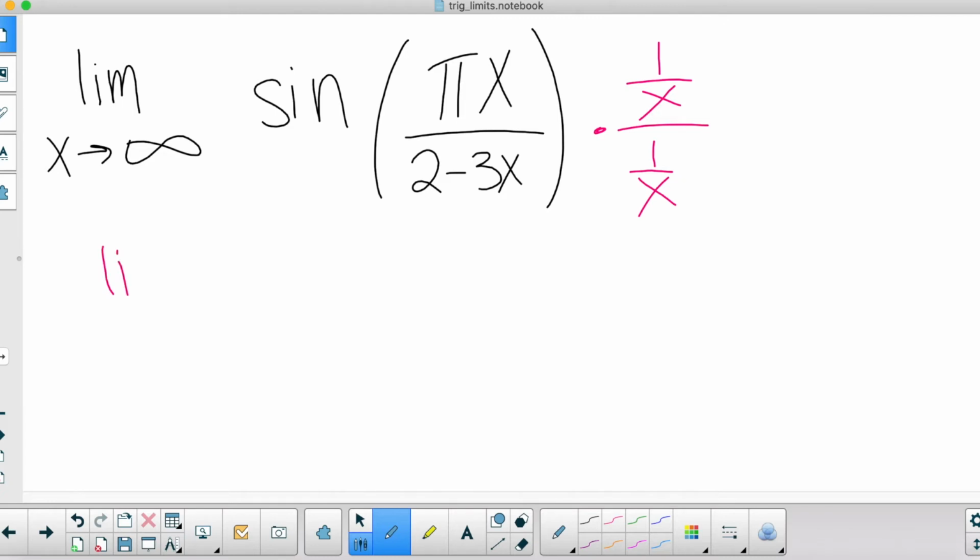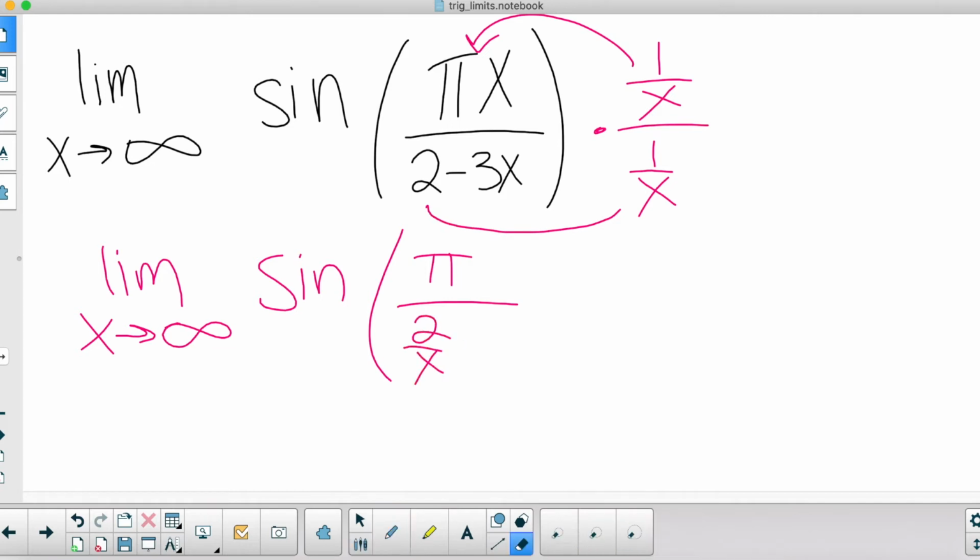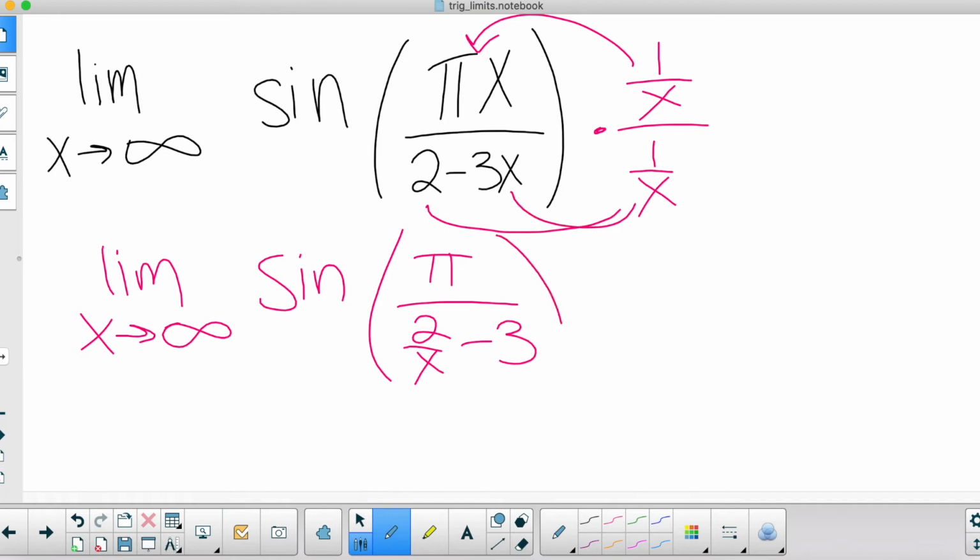So now we have the limit as x goes to infinity of sine, and now I'm going to do my numerator. This times 1 over x times pi x is just going to be pi. And in the denominator, we're going to have 2 over x minus 3 because my x's will drop out. Now we can go ahead and plug in infinity.